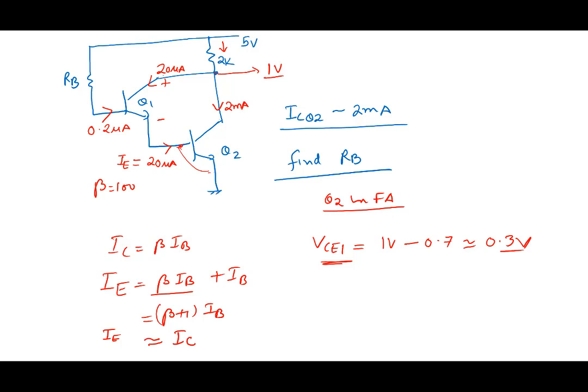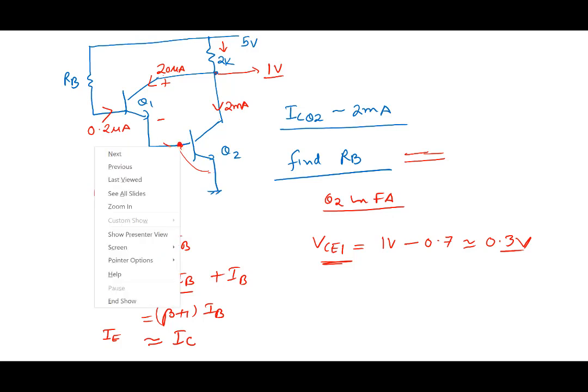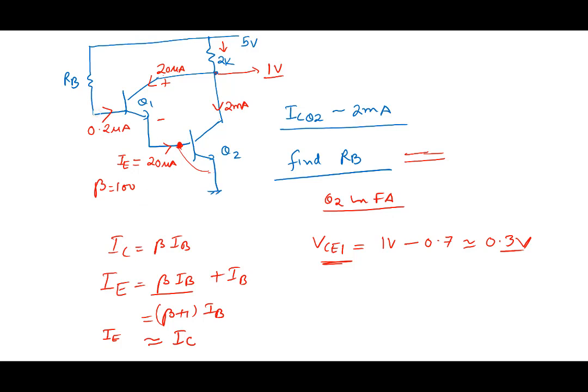Now can you all calculate RB? What will be RB? How do we calculate RB? What is the value of this node voltage? We said here is how much? 0.7. So what is the value of this node? From here to here is 0.7.